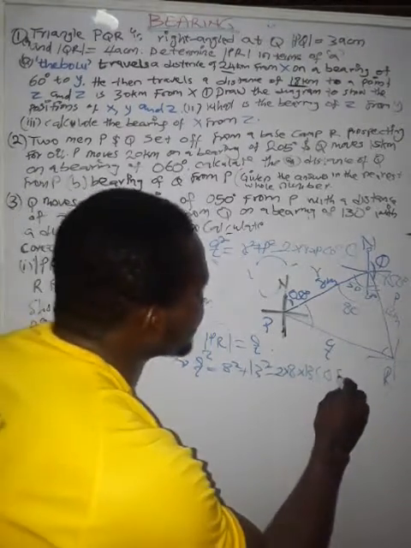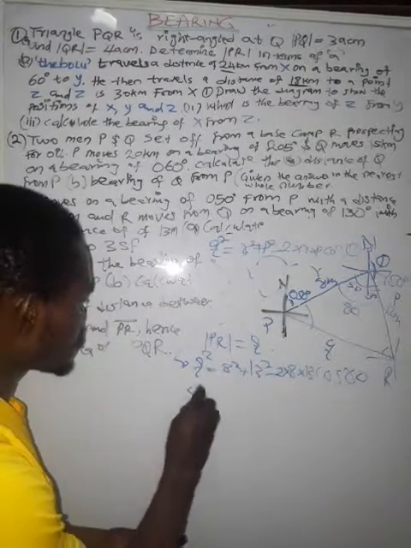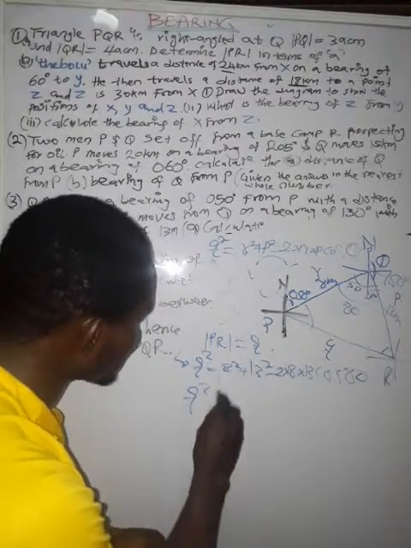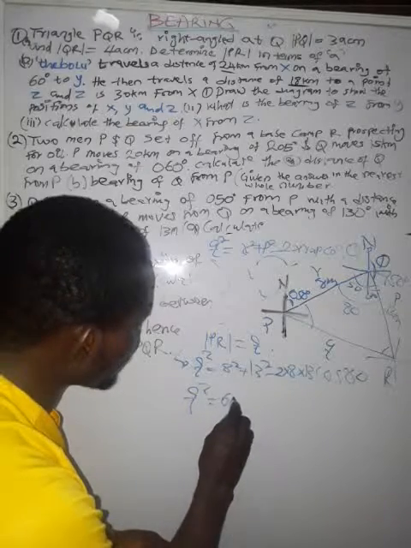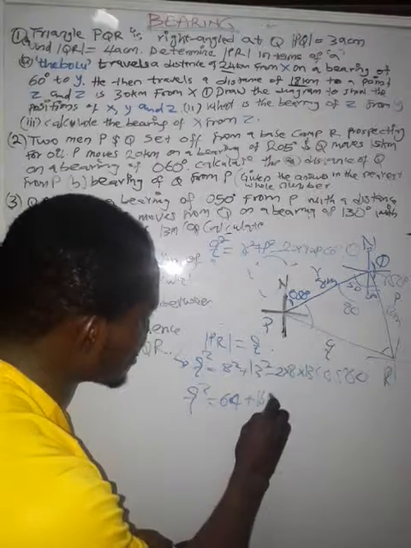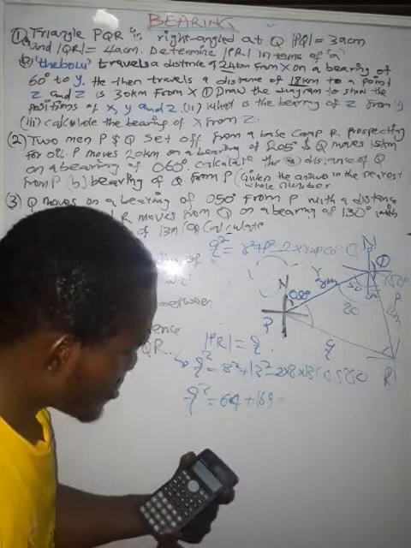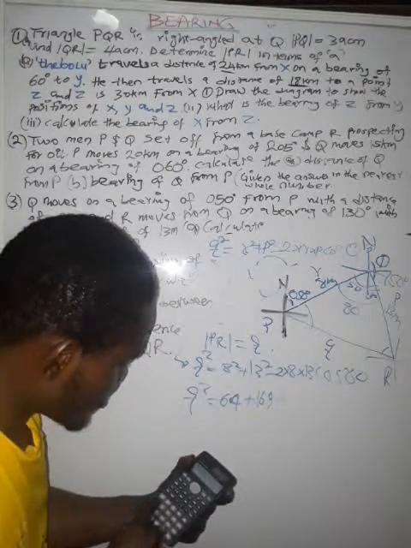So now, here will now be cos what? Cos 80. So I'm going to point this. Q square will now be equal to 64 plus 169. You have to use my calculator now. 13 square. Okay, 169 plus 64.